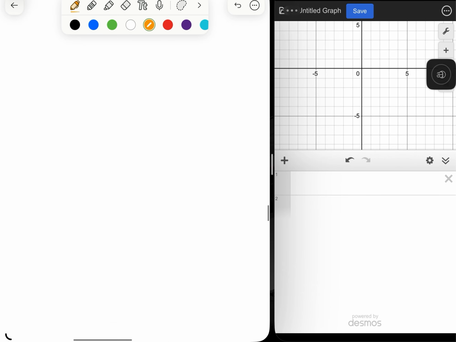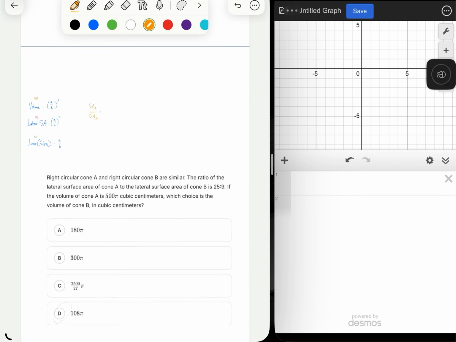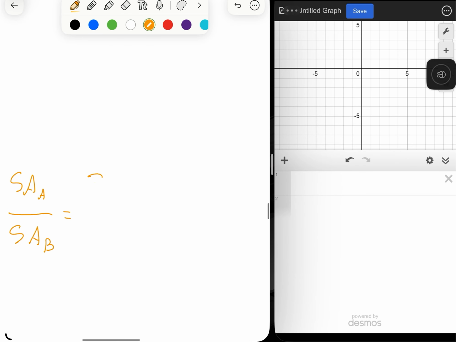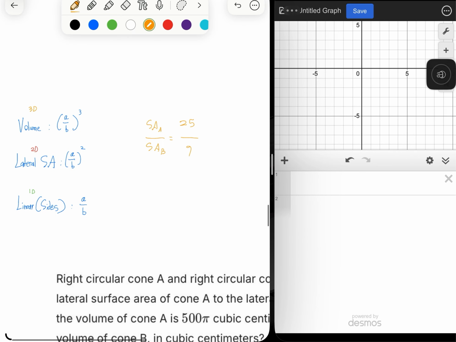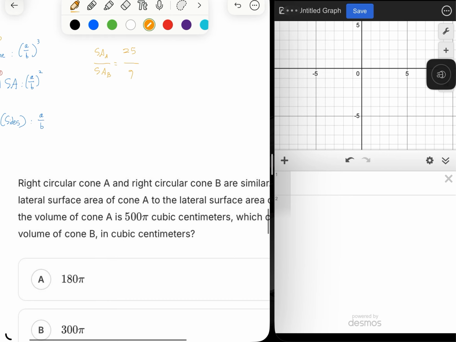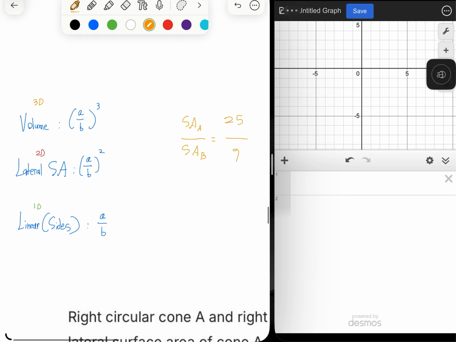So the surface area of A over the surface area of B is 25 over 9. And if we're trying to find the volume, we need some way to get A over B cubed.